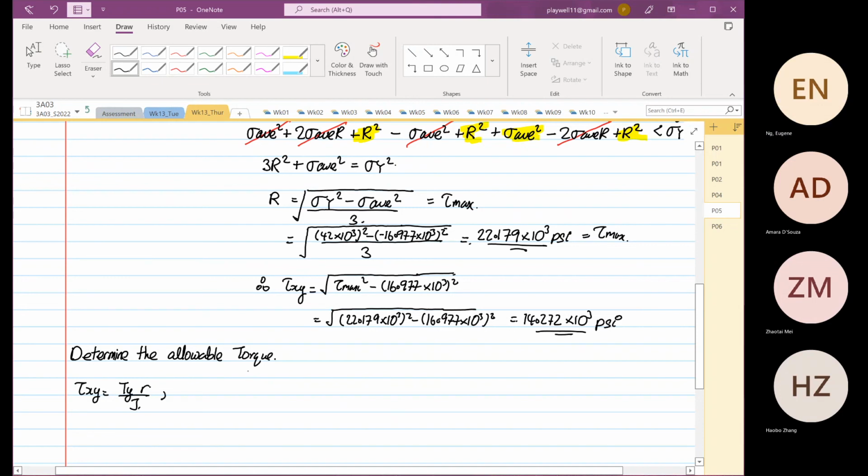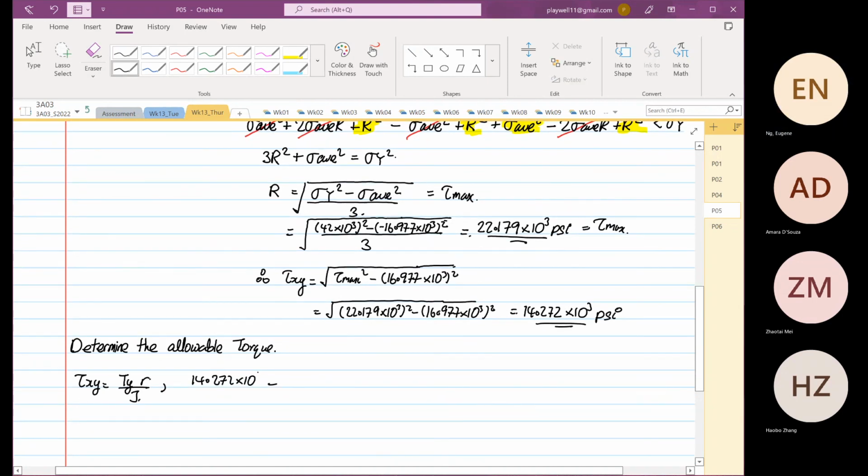Okay, so 14.272 times 10 to the power 3 is equal to T times R over J. I'm just going to leave R because J is pi over 2 R to the power 4, so you cancel R to the power 3.